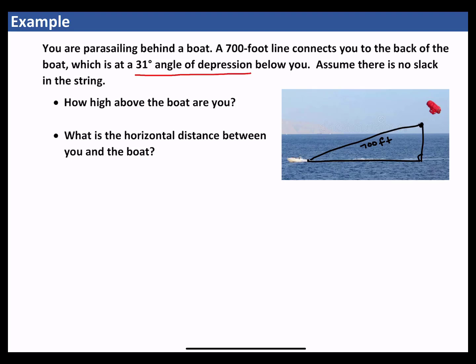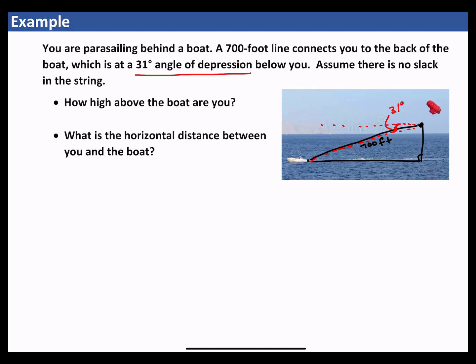It's important to note that the angle of depression is the angle between a horizontal line of sight and the line of sight to the object. So our angle of depression is this angle inside here, and that's 31 degrees.